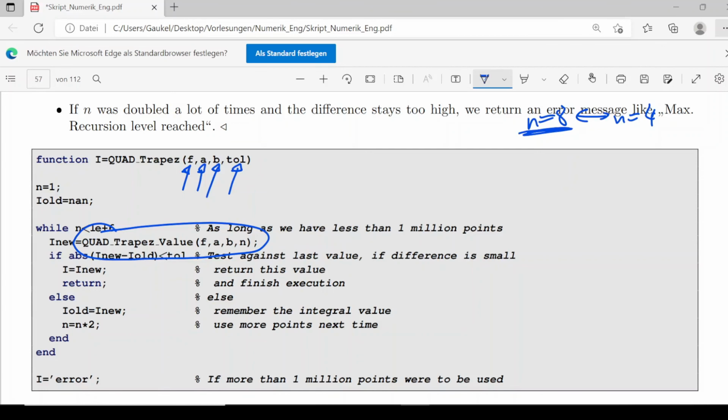And then we will have what is close to a professional implementation. It's not really professional code, because for the sine function integrating from 0 to 2 pi we will get a problem, because the first trapezoidal value will be 0, the second one will also be 0, and that means that we return a 0.